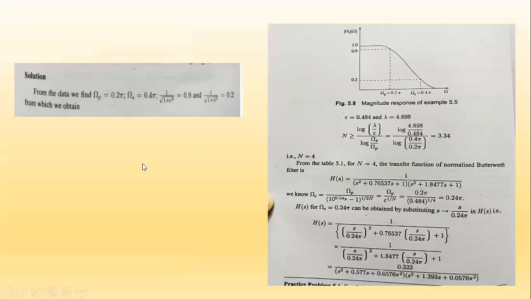In the standard diagram, this is 1 by root 1 plus epsilon square, and this value 0.9 is equal to 1 by under root 1 plus lambda square, and the other value is 0.2.